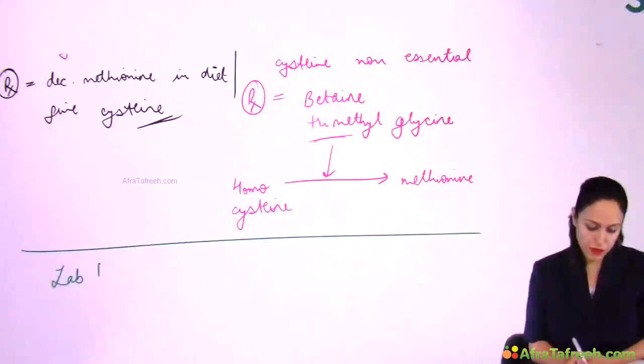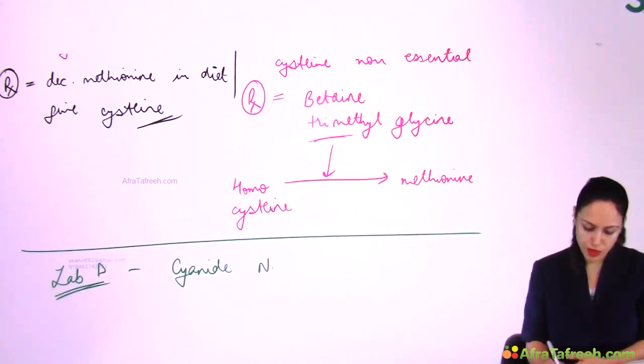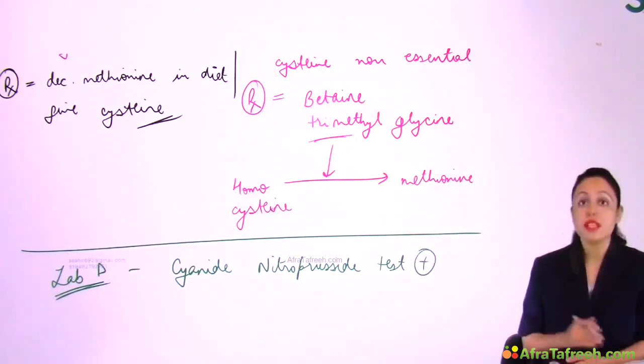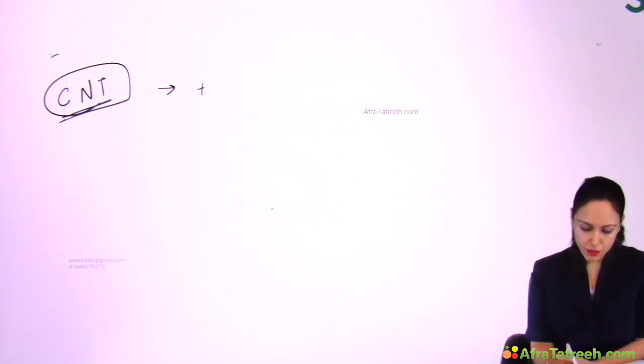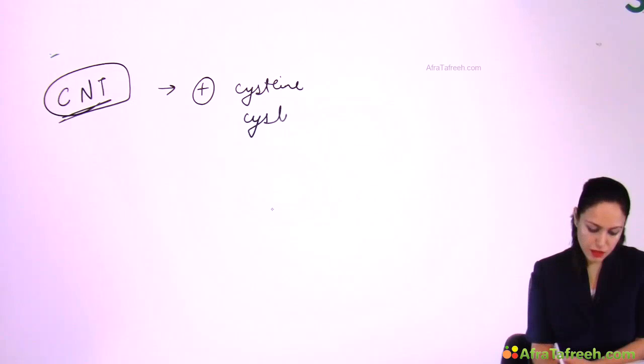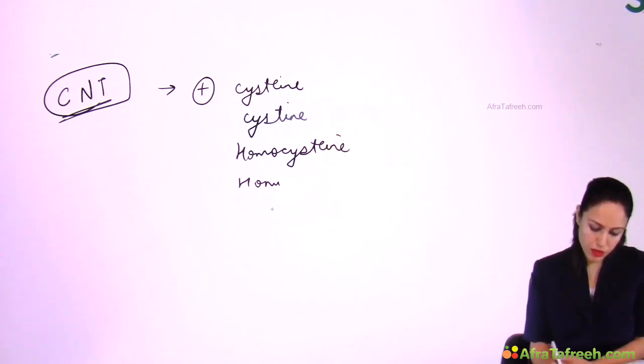Lab diagnosis of these patients: the cyanide nitroprusside test is positive. Let's see the detail. What is this test? The cyanide nitroprusside test, in short I'm using CNT test. This test is positive for cysteine and homocysteine.